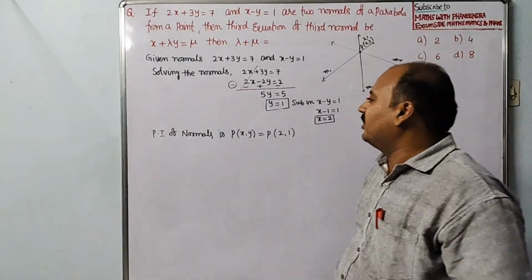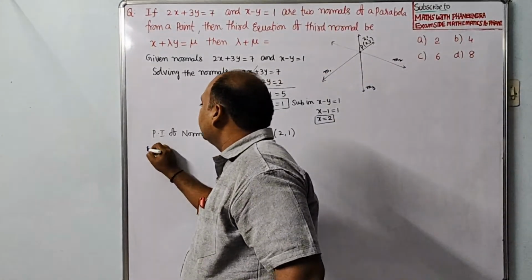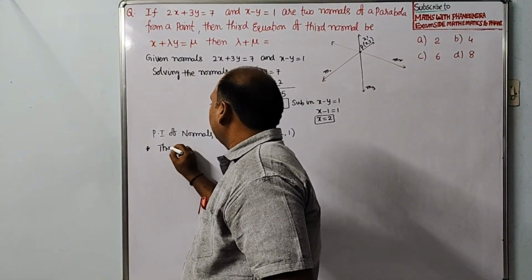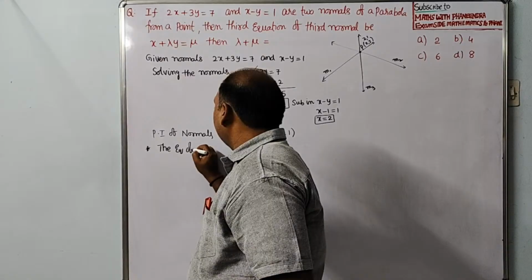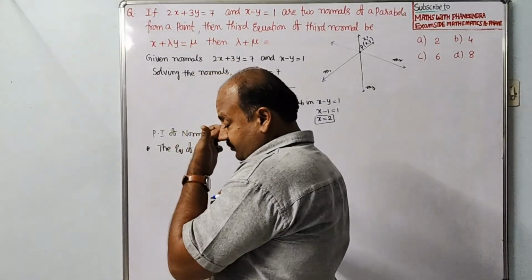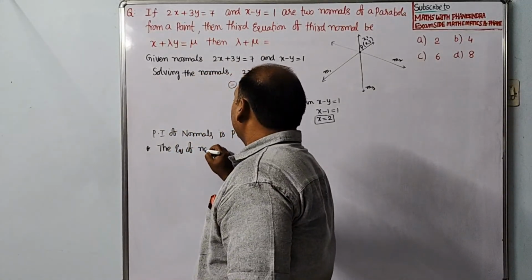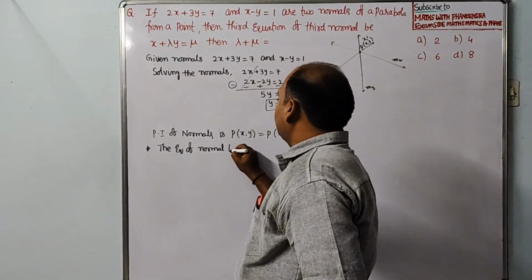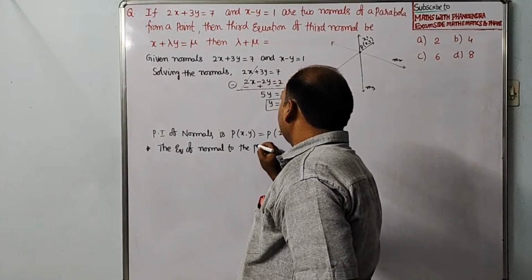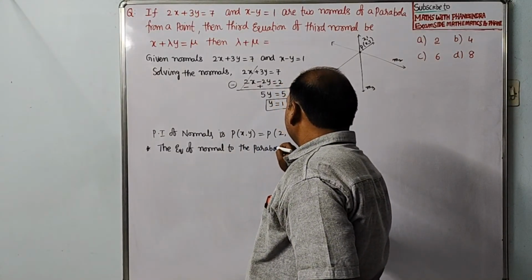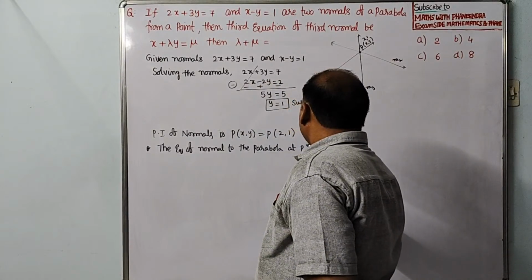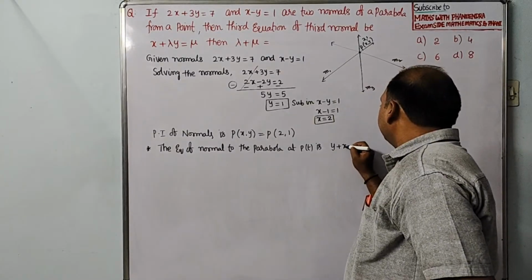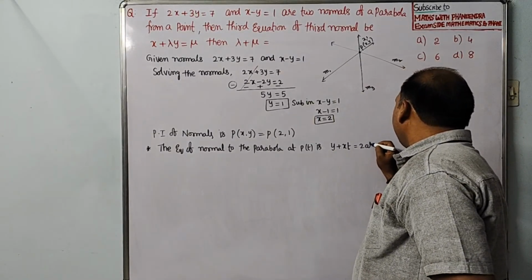We don't know the slope, but we have the property: the equation of normal to the parabola at P of t is y plus xt equal to 2at plus at cube.